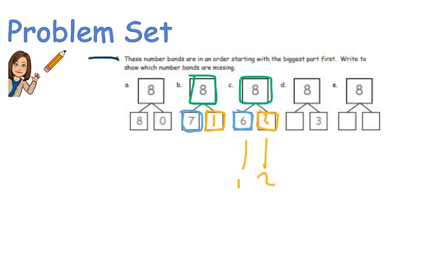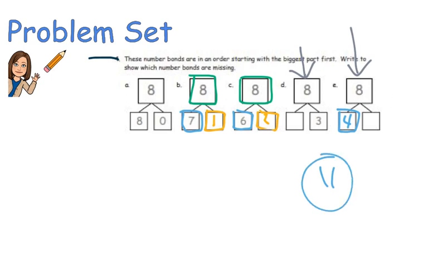There we go. 2. Good. Now you try D and E by yourself. E is going to have the first part be 4. Okay. So go ahead, pause your video, and fill in D and E.